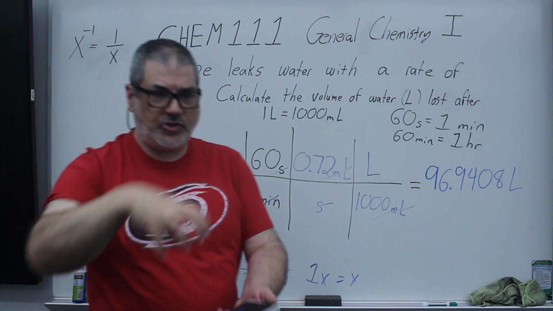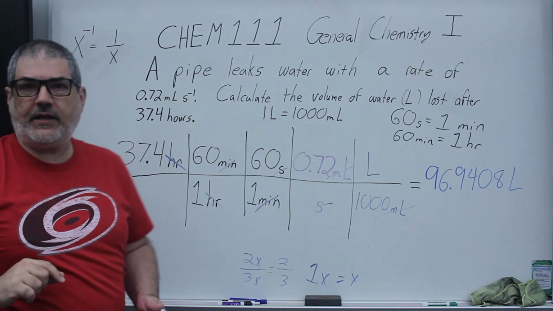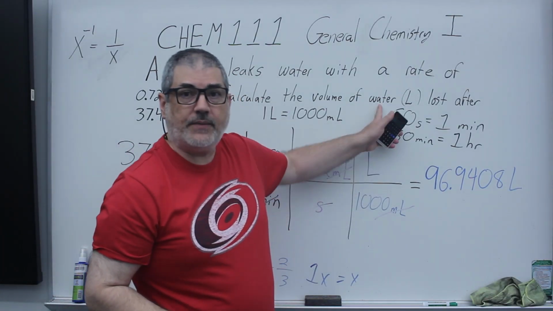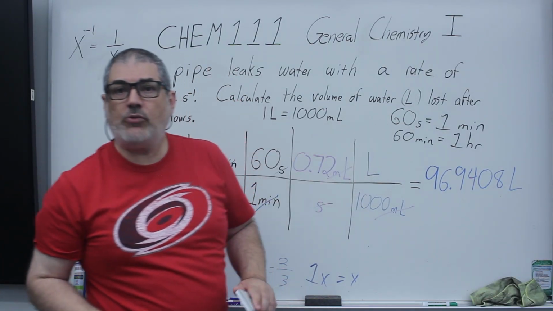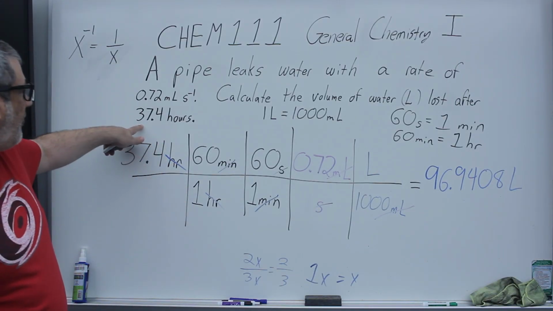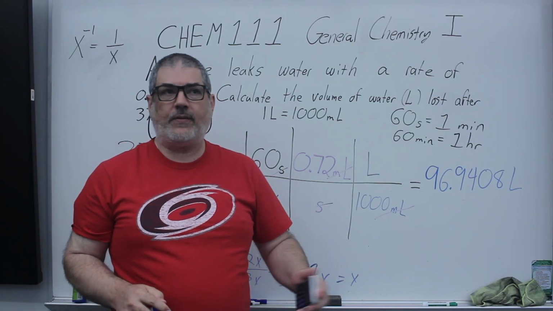So they had a stopwatch and then something to measure the volume, and they have what are known as 2 significant figures. These definitions, I should mention, these are actually counting numbers. They have an infinite number of significant figures. This 37.4 hours, that has 3 significant figures.